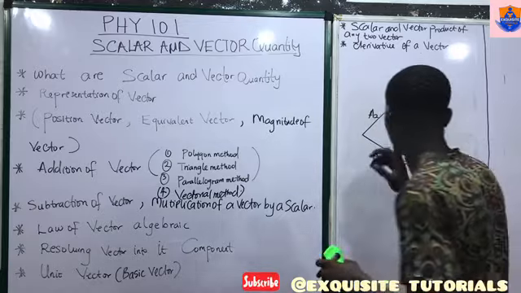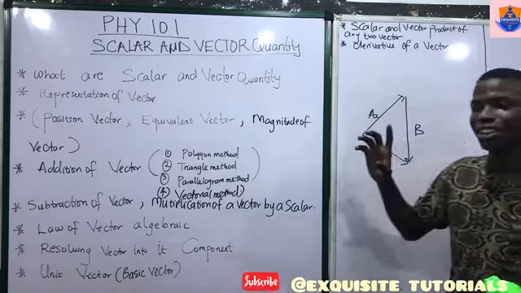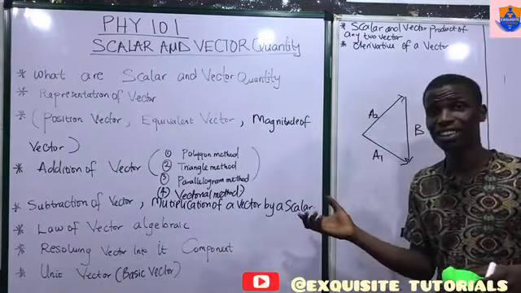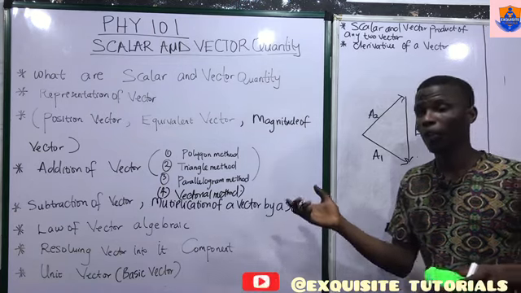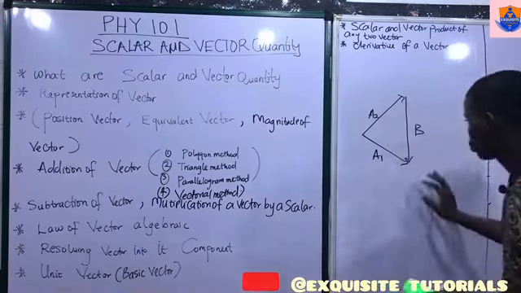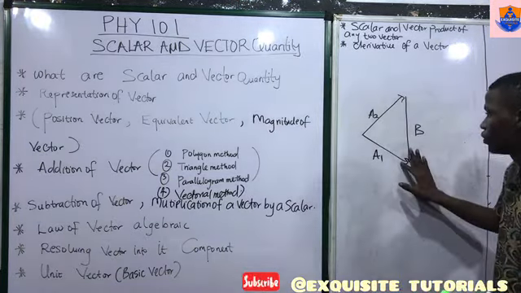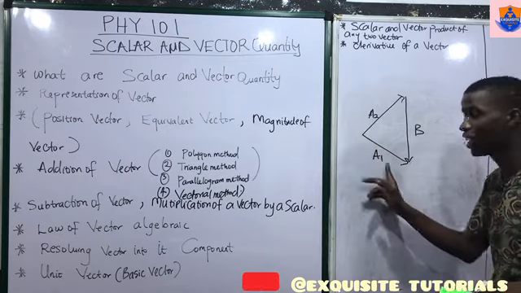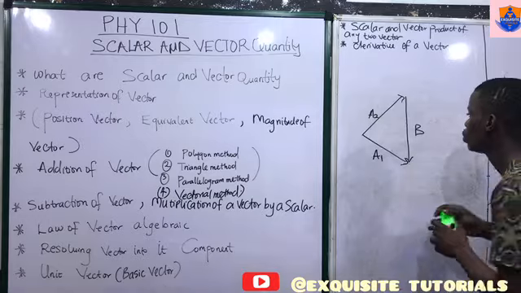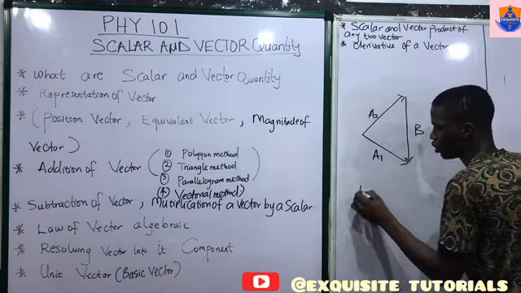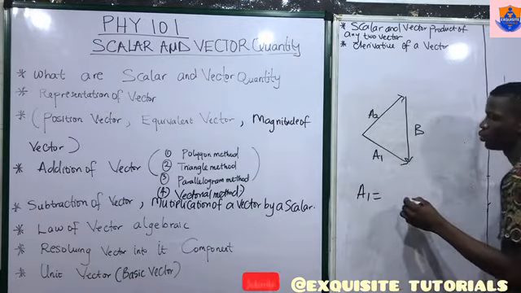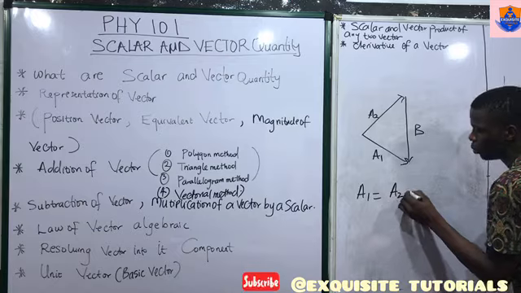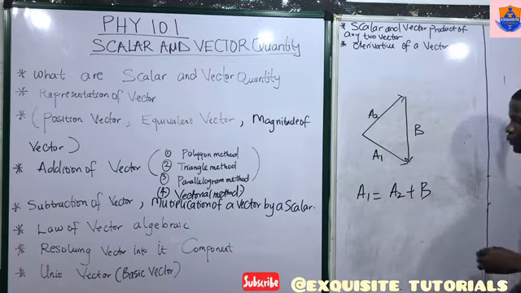Take note, I said the head to head determines our resultant vector. This one touches the head of this and the head of this. Then this one touches the tail of this, the tail of this. Therefore, our a1 is the resultant vector here. So our a1 is equal to our a2 plus our b.